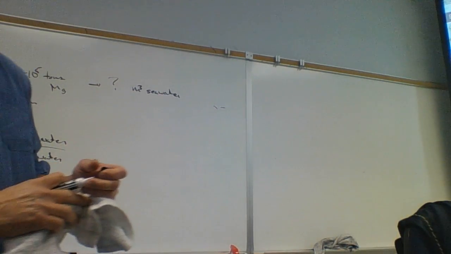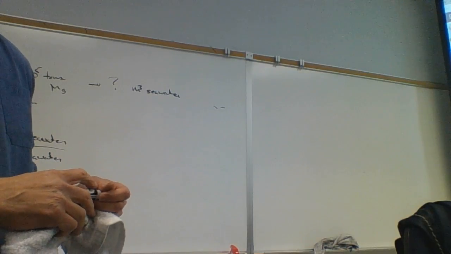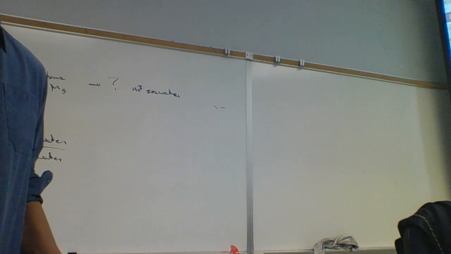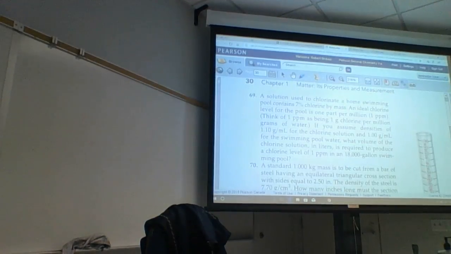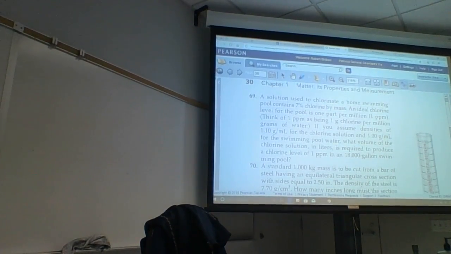An ideal chlorine level for the pool is 1 part per million. What's a part per million? Okay, so this is going to not be the chlorinating solution. This is going to be the pool water. Well, they tell us what it is.